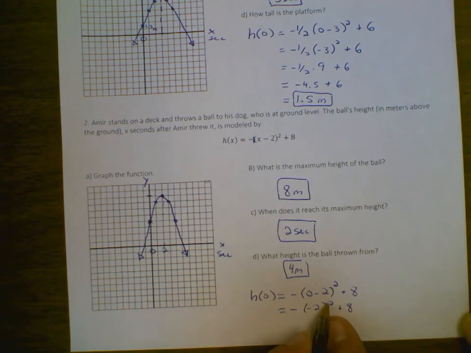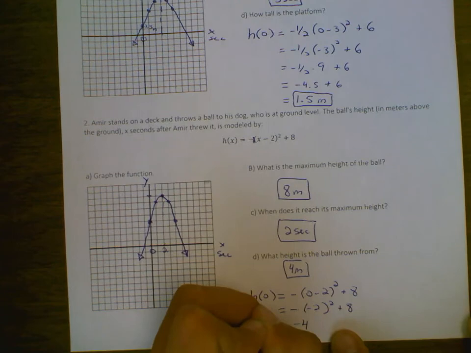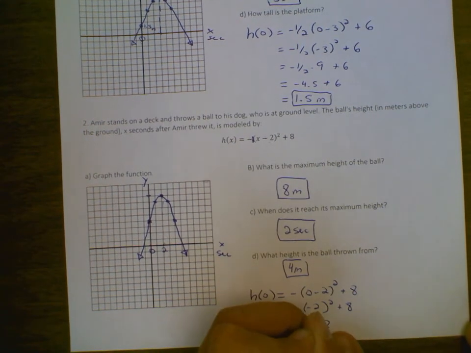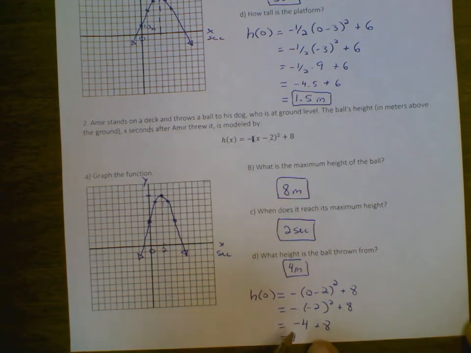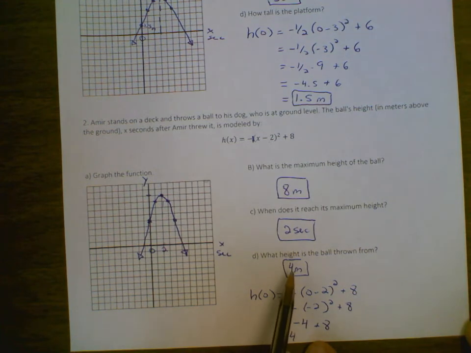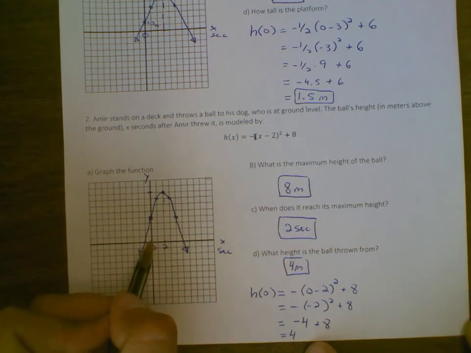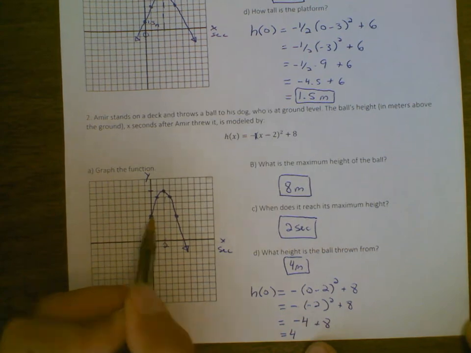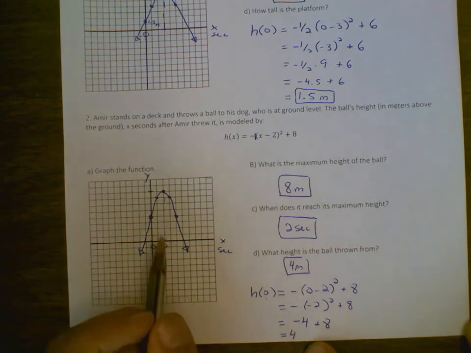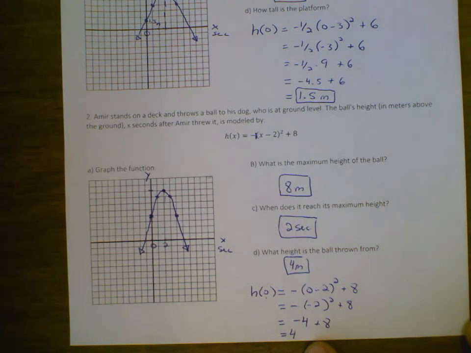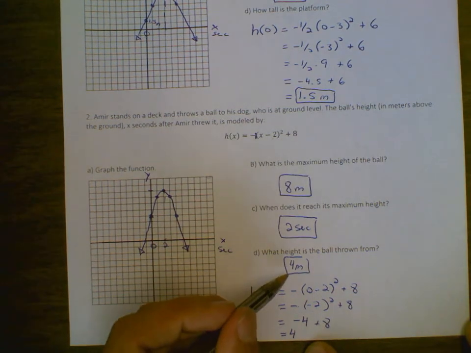Well, (-2)² is 4, but then the negative out front makes it -4. And then -4 plus 8 gives us positive 4, which is the same number we got when we looked off the graph, right? At 0, we were at a height of 4. So either way, whether you plug in 0 or look off the graph, you'll see that the height the ball was released from was 4 meters.